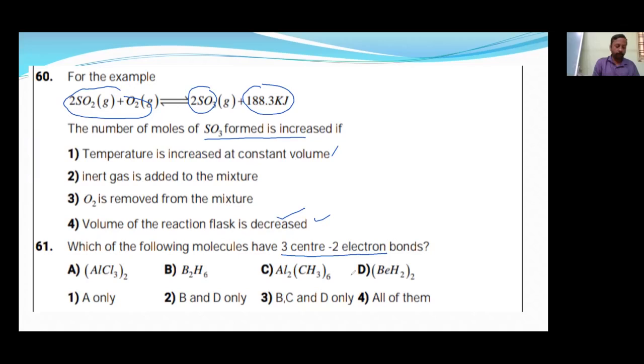How many of them have the 3 center 2 electron bond? Only this one. B, C, actually it is because of the hydrogen. Once hydrogen is not there, it cannot be the option. Very simple question, but you should do it in a logical way. Inorganic must be approached in a logical way.